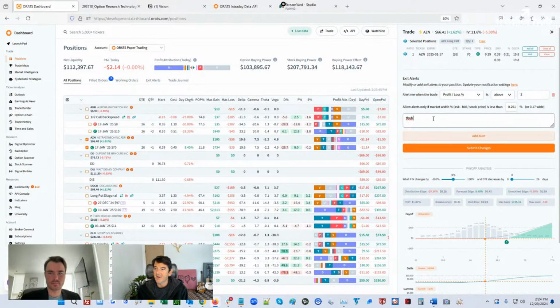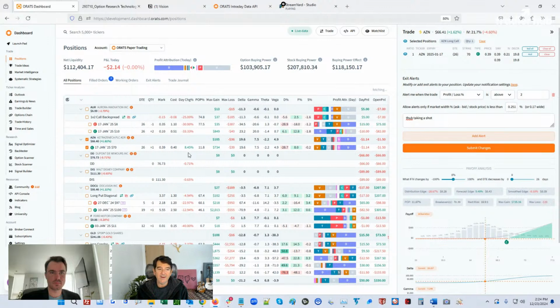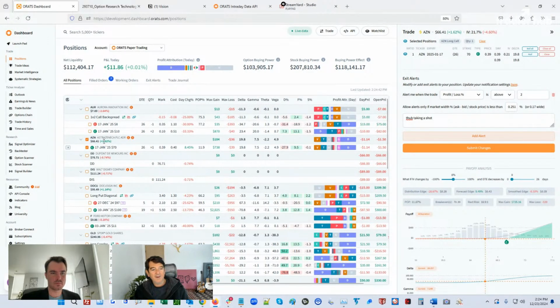So T-Hub, we're taking a shot. I like to put a note on why we're doing specific trades. So I'll submit that, and now we have our alert in, and I think that's a good show.